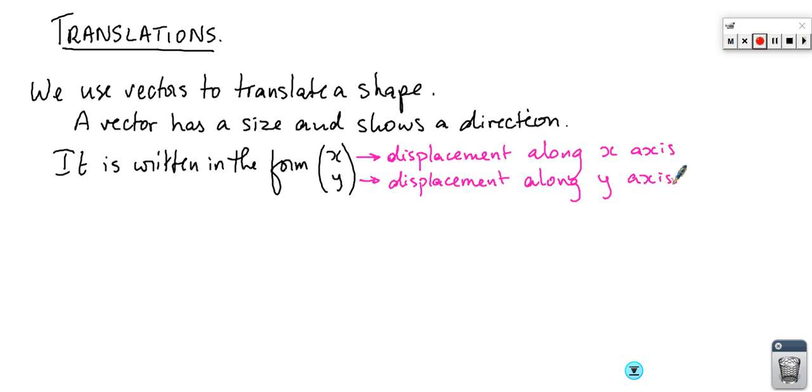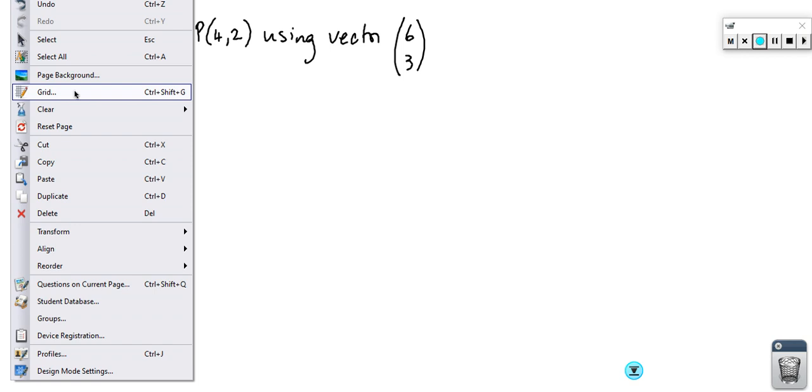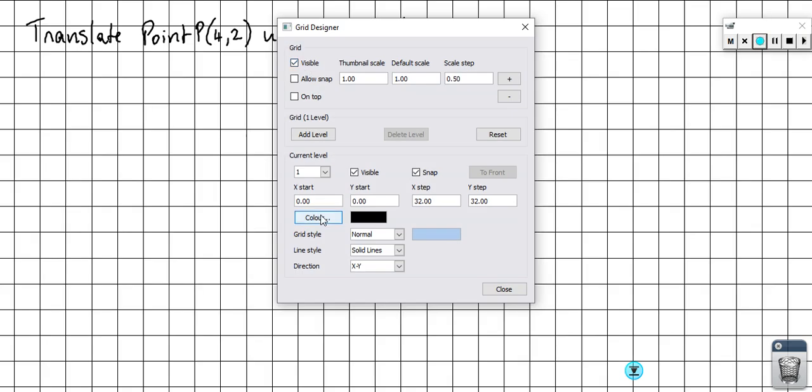Let's take a small example. Translate the point P 4,2 using vector 6, 3. That is the vector. Let's see our grid.